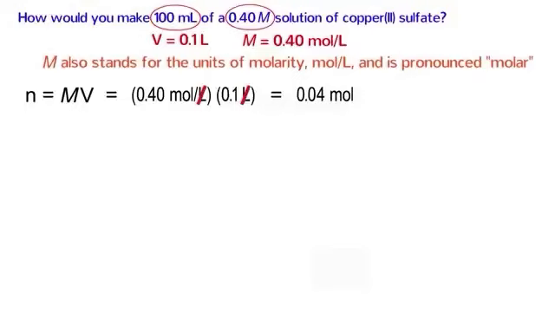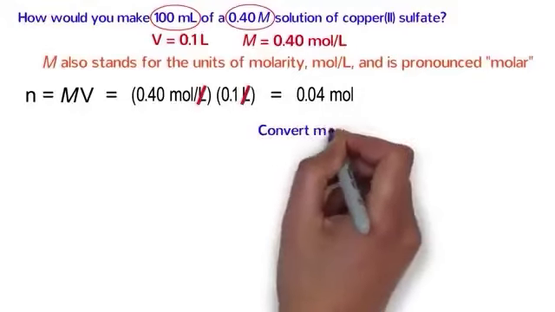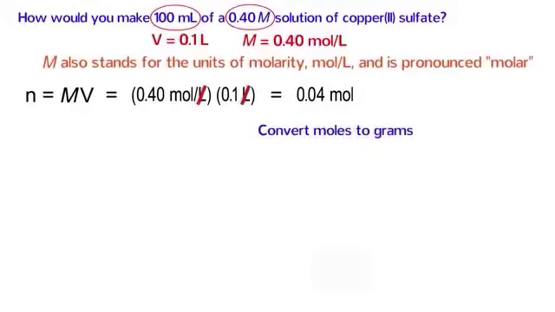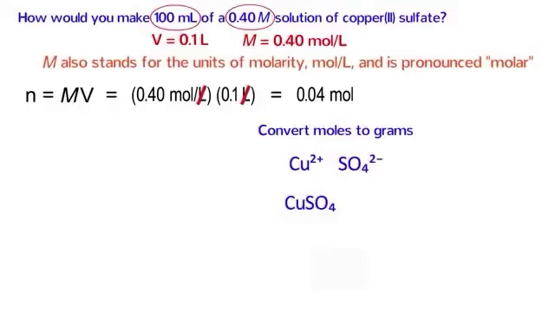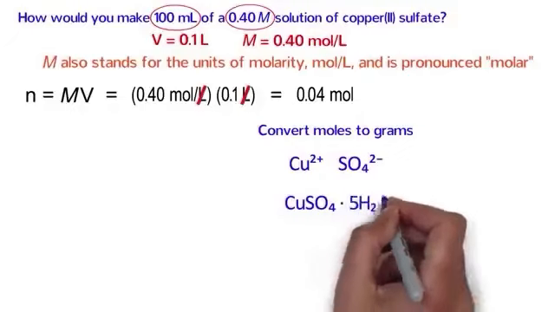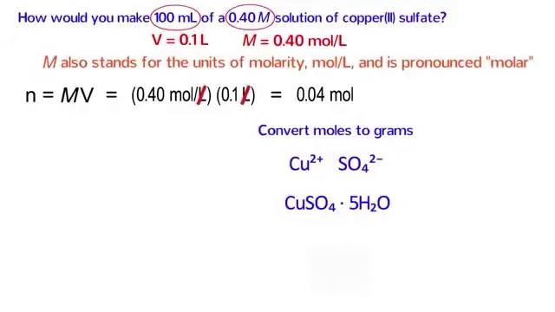Now, with 0.04 moles, we can see how to convert this into grams by getting the formula mass of the hydrated copper 2 sulfate, which is copper sulfate pentahydrate, because when it's hydrated, it has water with it. So we need the formula mass. In the periodic table, copper is about 64, sulfur is 32, oxygen is 16, and hydrogen is 1.